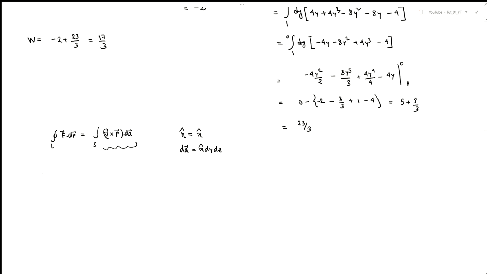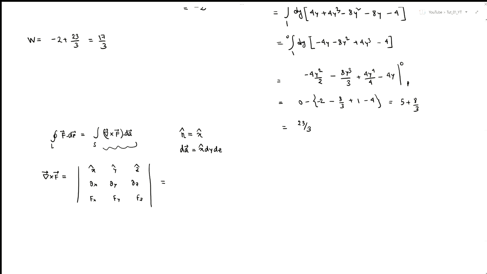So what we have to do is find del cross f now, and we do not have to find the complete del cross f. We just need the component along x cap, because finally we will be doing del cross f dot d. So here we write the components fx, fy, fz.